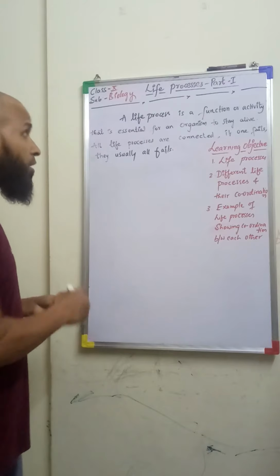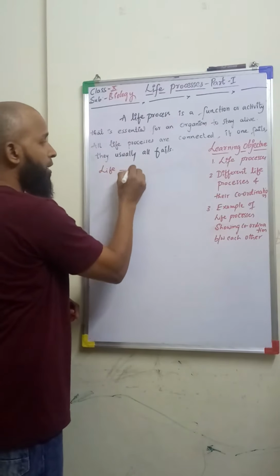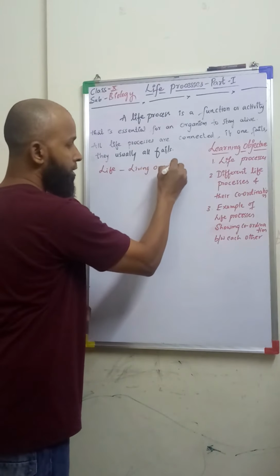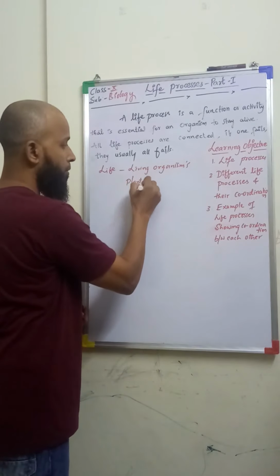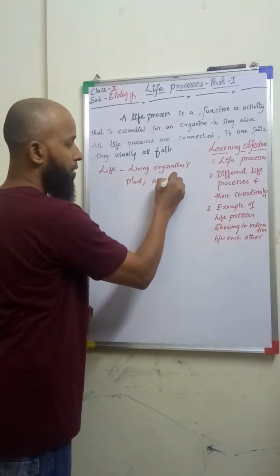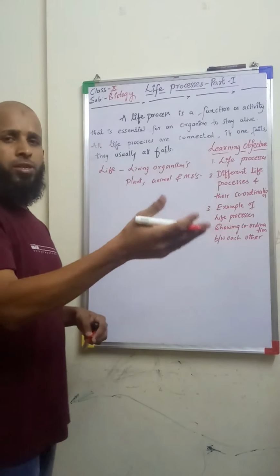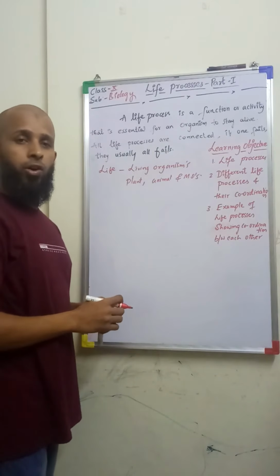So the life process. Life is nothing but living organisms. The organisms may be a plant, an animal, or a unicellular microorganism. These are all different living organisms.